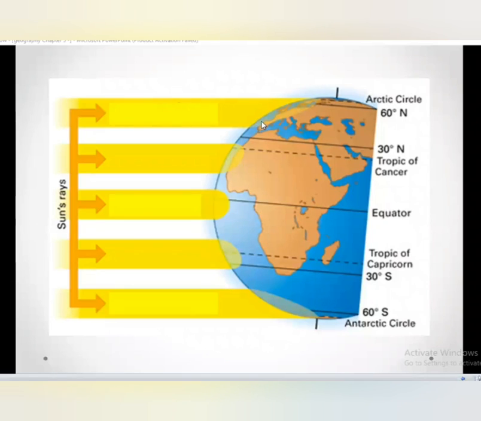Why do the sun rays fade? Because they have to cover a lot of area. Hence, the surface gets less heated and the air is also less hot. Now, we have to understand that more heat means high temperature, and less heat means low temperature.